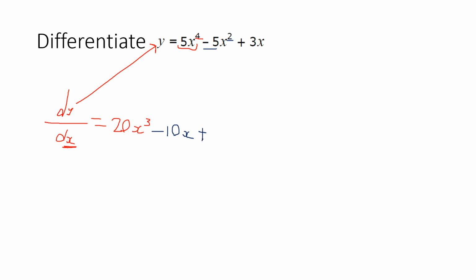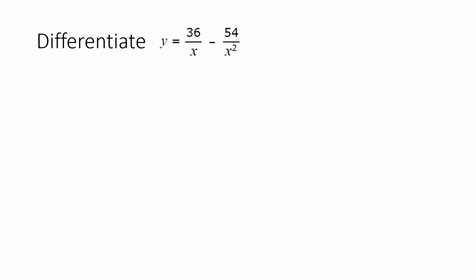And then plus 3, we have a 1 here and we have a 3. 1 times 3 is just going to be 3. And that's going to be the differential of y equals 5x to the 4 minus 5x squared plus 3x.